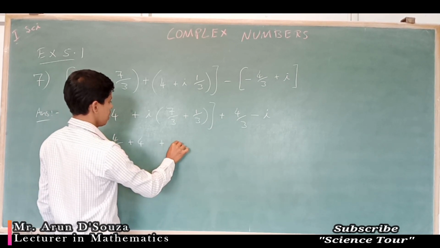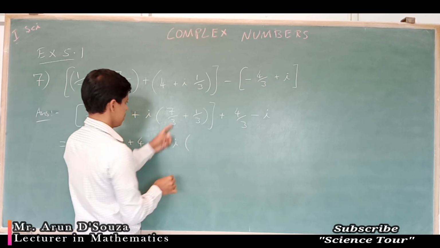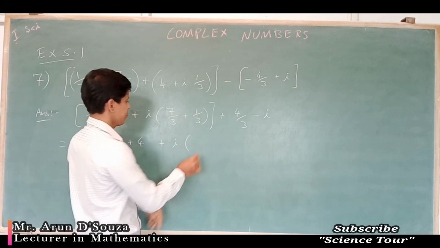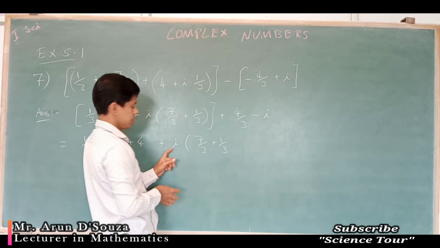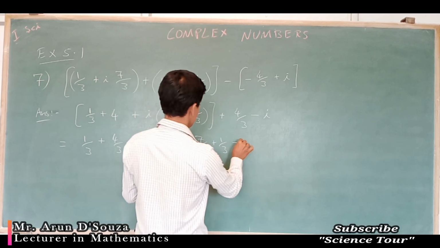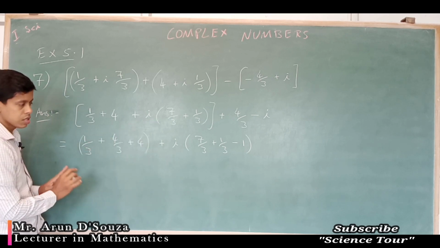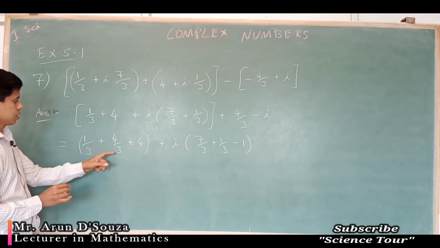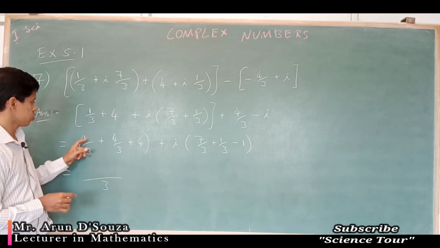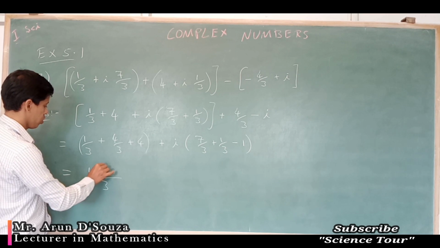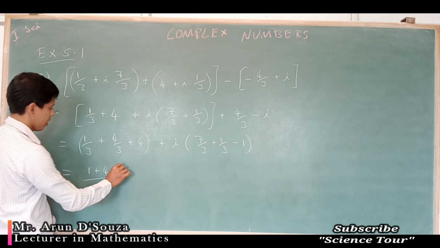Then once again I am taking i common, so this will be 7 by 3 plus 1 by 3, and here I am taking i common, so this will be minus 1. Now you have to simplify these two things. Take 3 as the LCM. So this is 1 and 4, and how much do you have to multiply here? 3. So that will be 12.